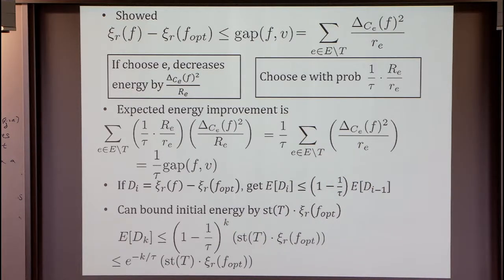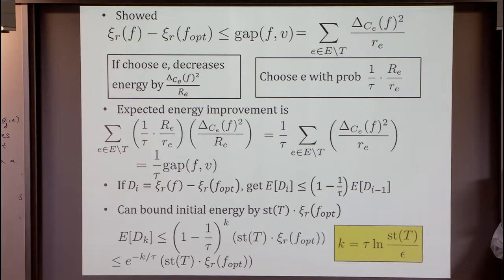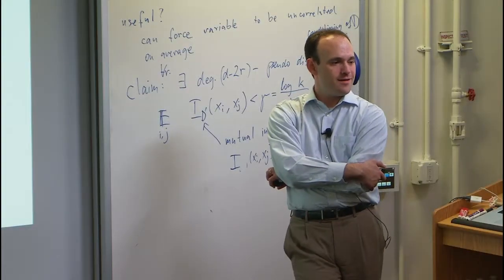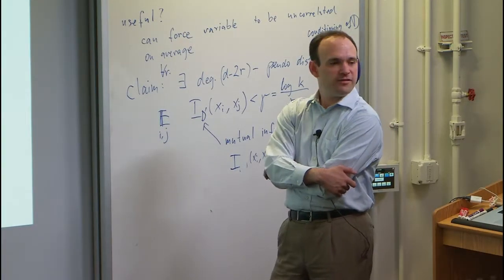And so just do the standard analysis of multiplication, you get that if k is like tau times log stretch over epsilon, then you get within an epsilon of optimality. And I haven't yet shown you how to implement the updates and stuff, but other than that, that actually is the whole algorithm. Are there any questions?